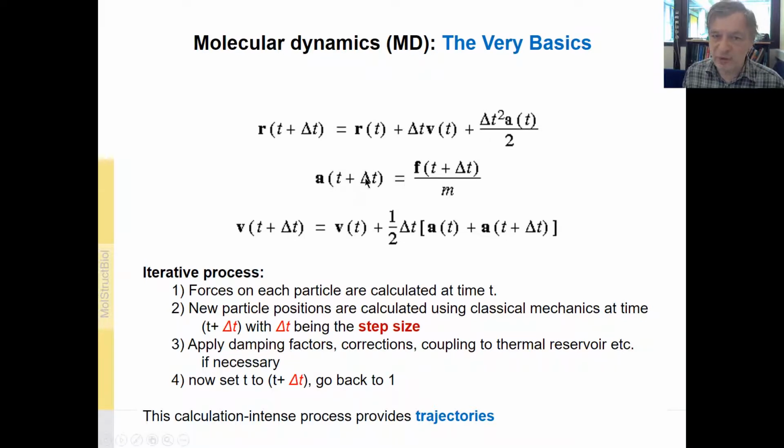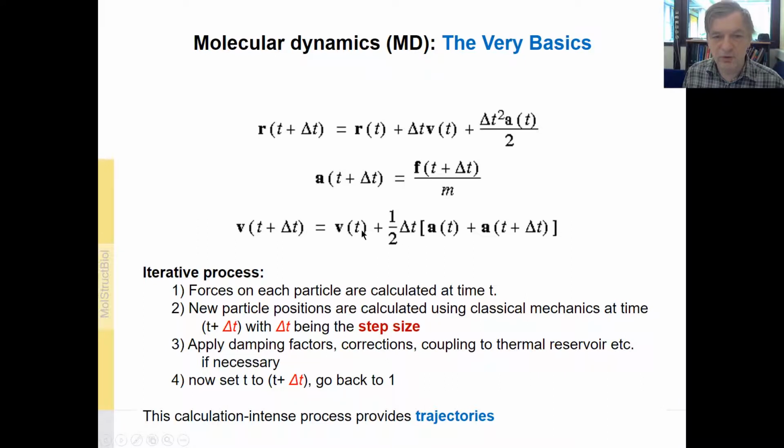And the acceleration you can also calculate by taking the force that my atom gets at a particular position, t plus delta t, divided by its mass. The mass of atoms is tabulated. So you can put this in, and also the velocity you can calculate at the time t plus delta t.